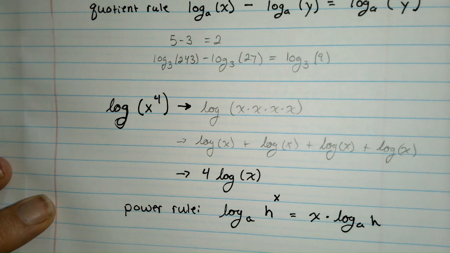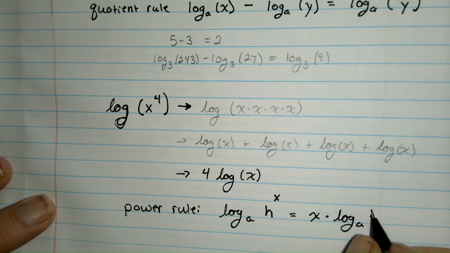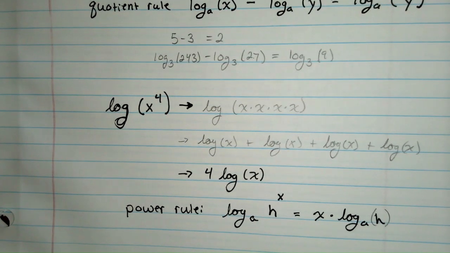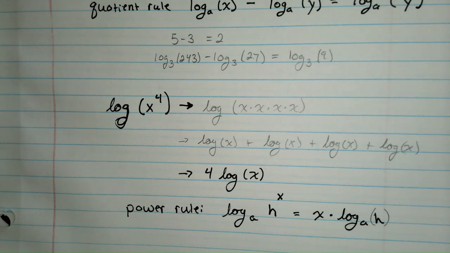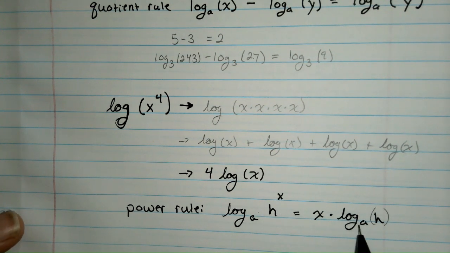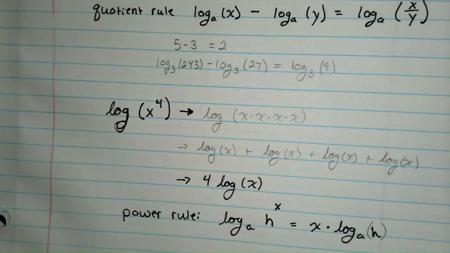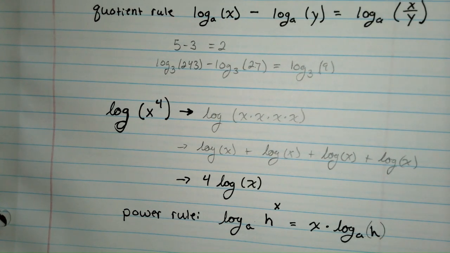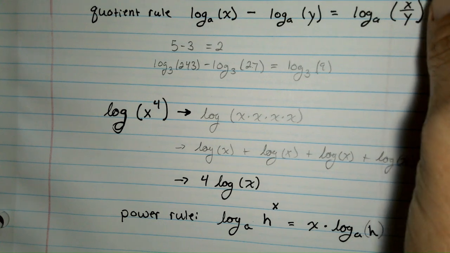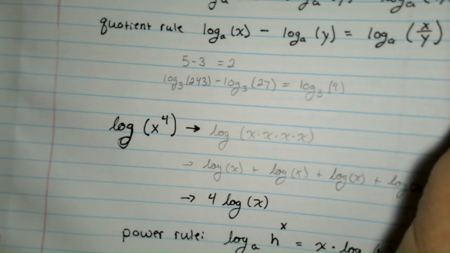Now, if they don't put parentheses around it, there's assumed parentheses, kind of like there's assumed parentheses under a radical sign. So our power rule just allows us to move our power out front. Now, we can go from the left side to the right side or the right side to the left side. It depends on what we need in the moment. So we're just going to expand and work on things first.